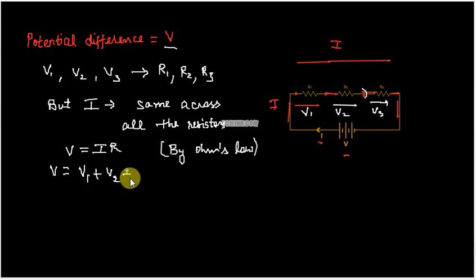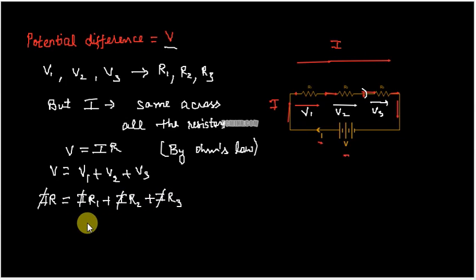So V is equal to V1 plus V2 plus V3. Now V is IR, but V1, V2, V3 would be IR1 plus IR2 plus IR3. That means the current flowing through each of them is the same, but R1, R2, R3 are different, and so I would cancel out.